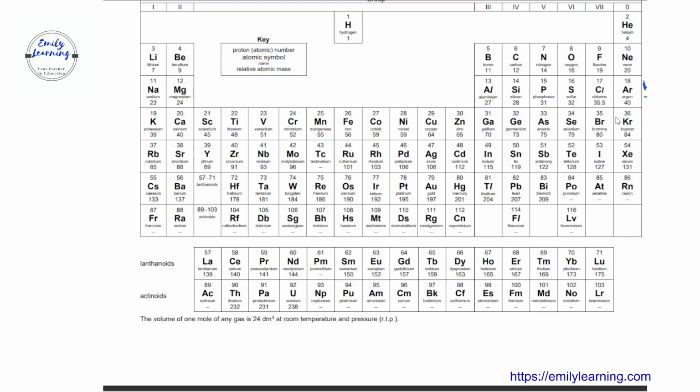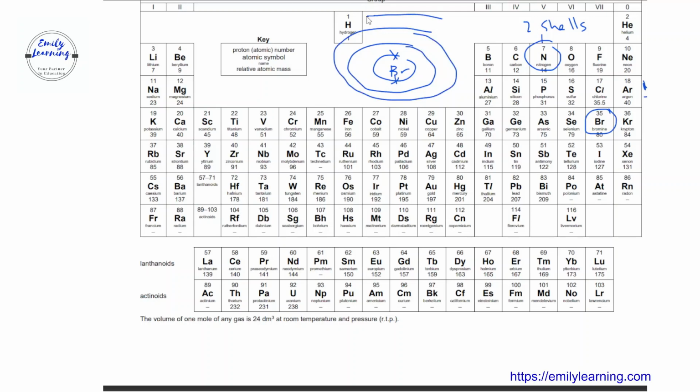Nitrogen is in the second period, so there are 2 shells filled with electrons. Bromine is in the fourth period, so there are 4 shells filled with electrons: 1 shell, 2 shell, 3 shell, 4 shell. Then you need to draw in the electrons. Nitrogen only has 2 shells filled with electrons.